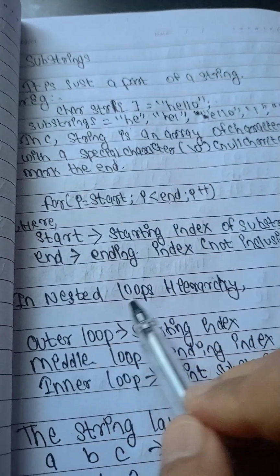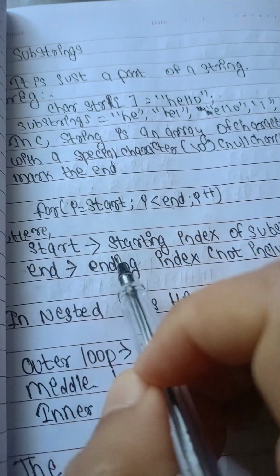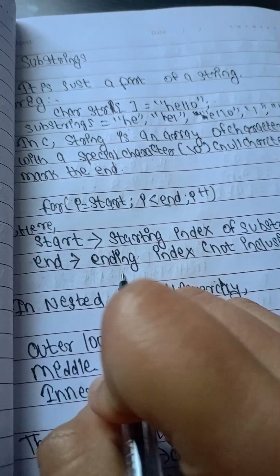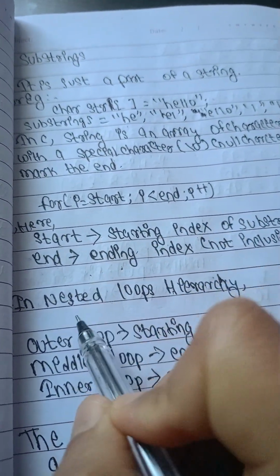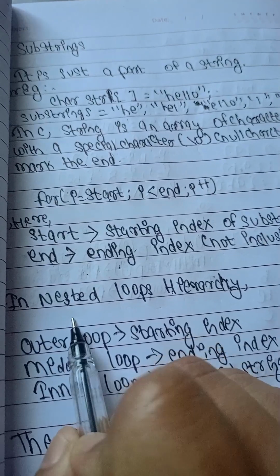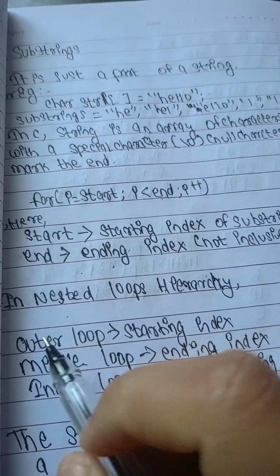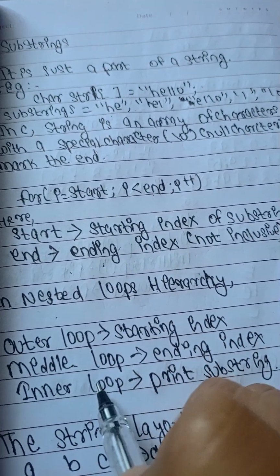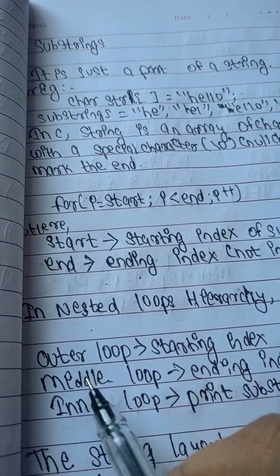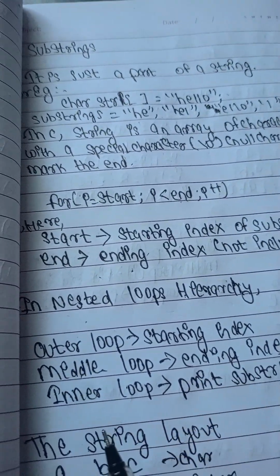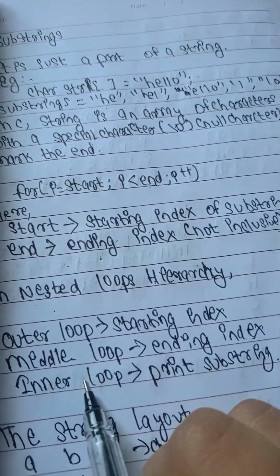In the nested loop hierarchy we have an outer loop, middle loop and inner loop. The outer loop is our starting index, the middle loop is our ending index, and the inner loop is our print index.